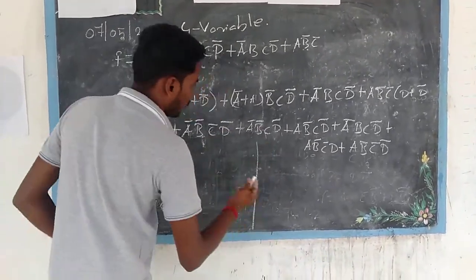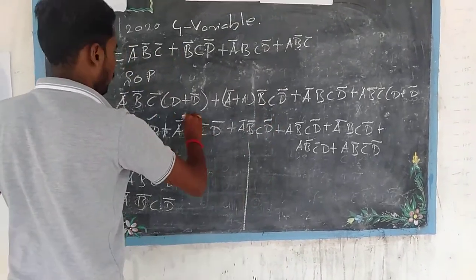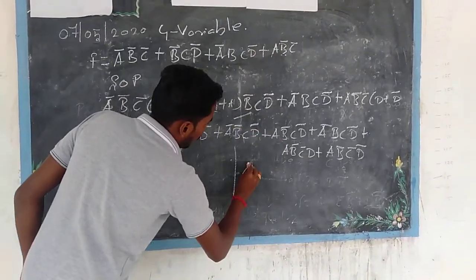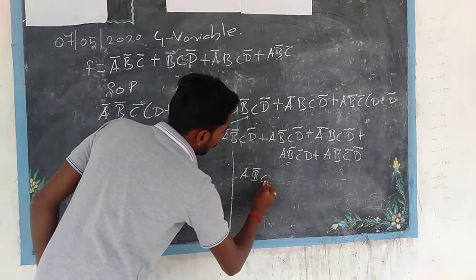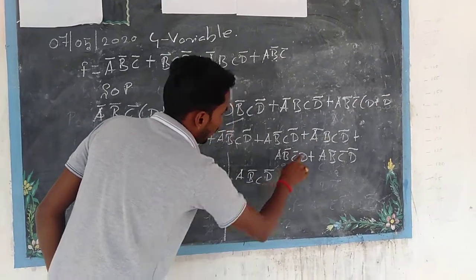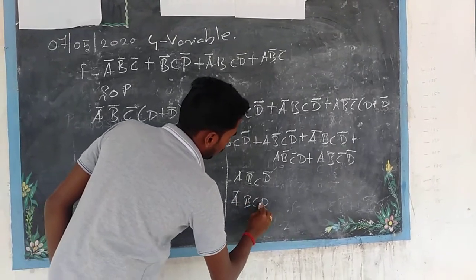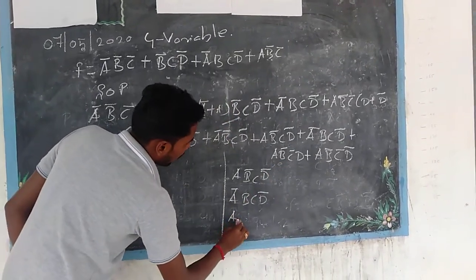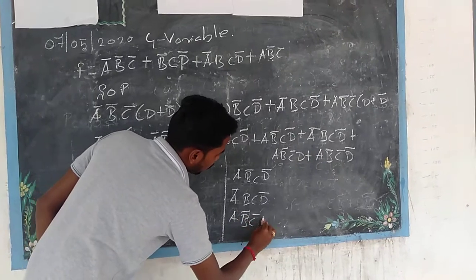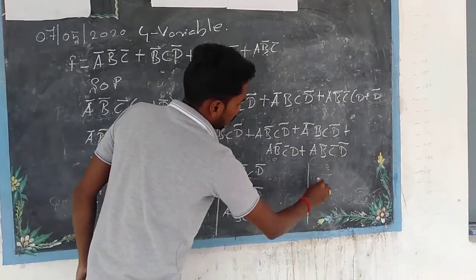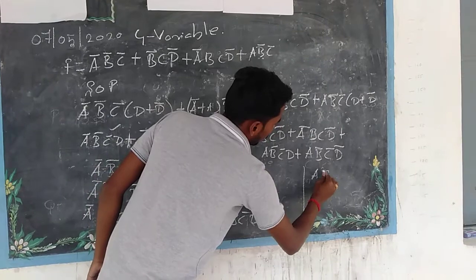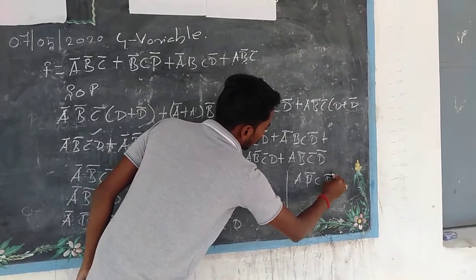Next terms A, B bar, C bar, D bar. Then A bar, B, C, D bar, then A, B bar, C bar, D. In the last terms A, B bar, C, D bar.